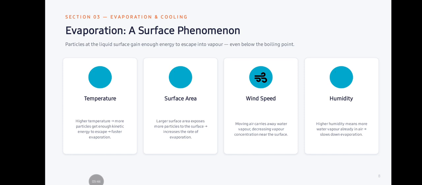Surface area: larger surface area exposes more particles, increasing the rate of evaporation. Wind speed: moving air carries away water vapor, decreasing vapor concentration near the surface. Humidity: higher humidity means more water vapor already in the air, which slows down vaporization.